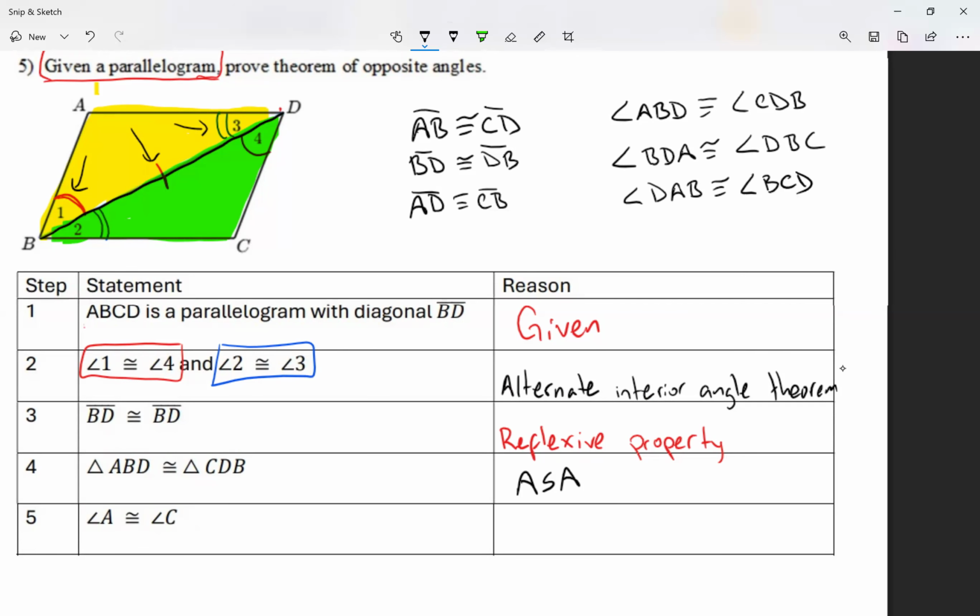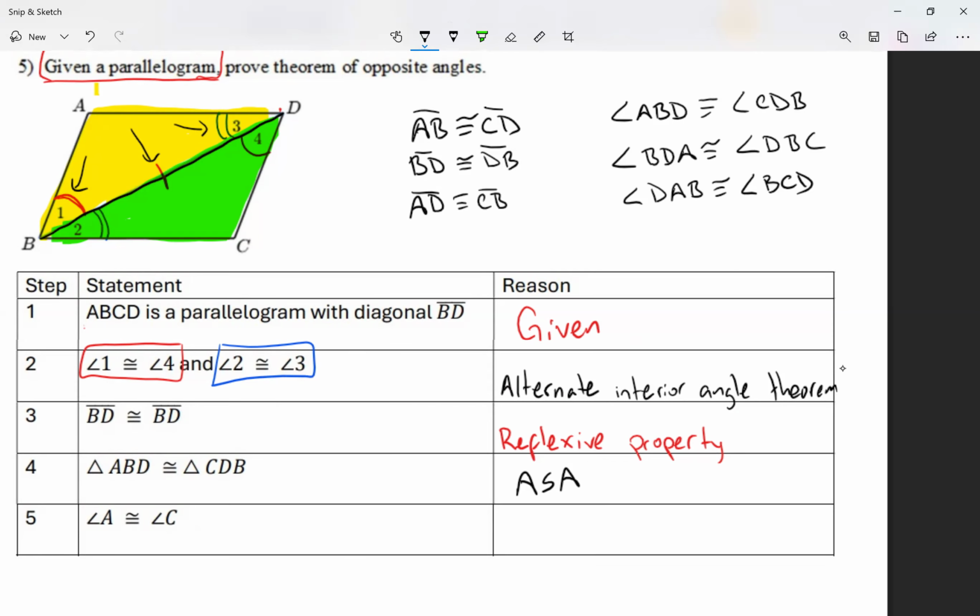Notice the order of the letters. I went with the first three letters of the first triangle, and then for my second triangle, I started from the middle. So BDA is equal to DBC. You see my pattern here? And lastly, I said angle DAB is equal to angle BCD.